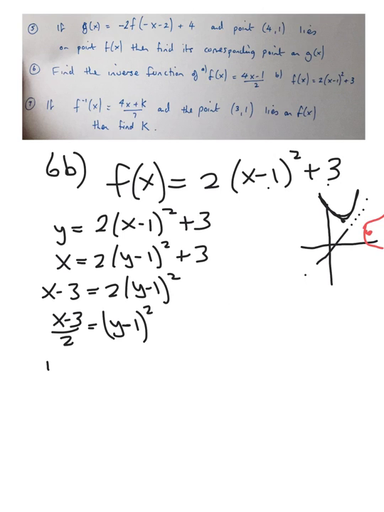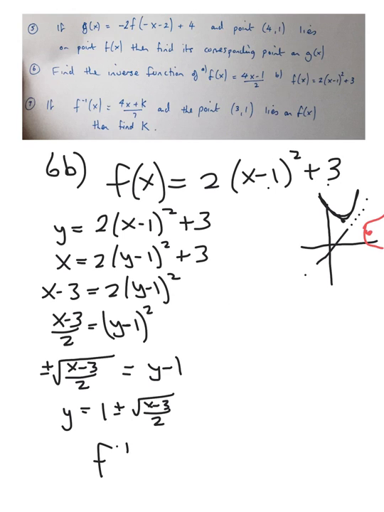Going to square root both sides, and when we square root we get this plus or minus, because the square root of a positive number could be plus or minus, especially when there's a variable involved. Take the 1 over, and y equals, put the 1 in front, plus or minus root (x minus 3) over 2, and the inverse function f^-1 of x equals 1 plus or minus root (x minus 3) over 2.